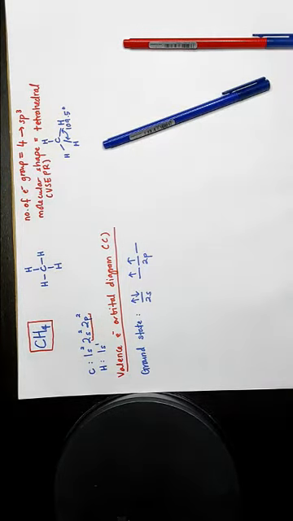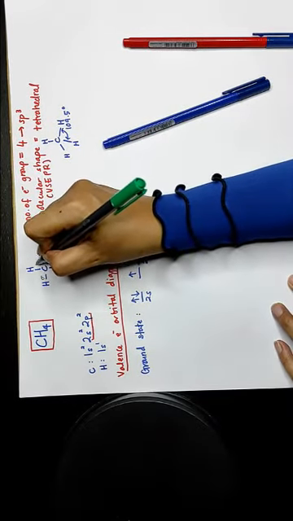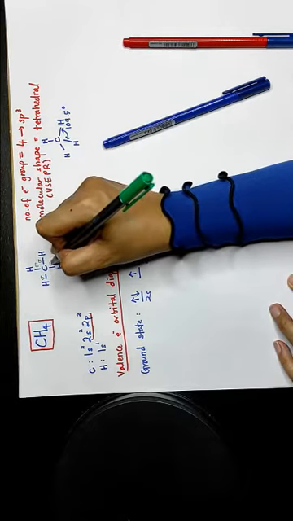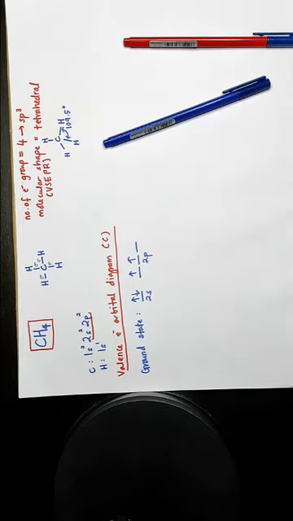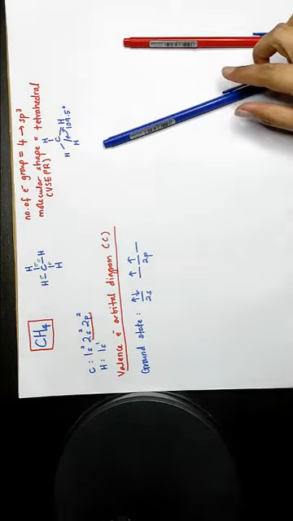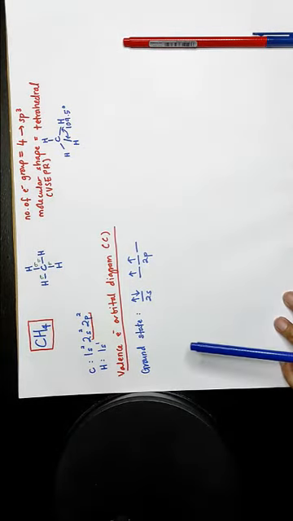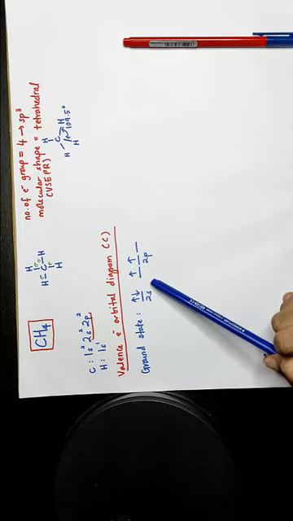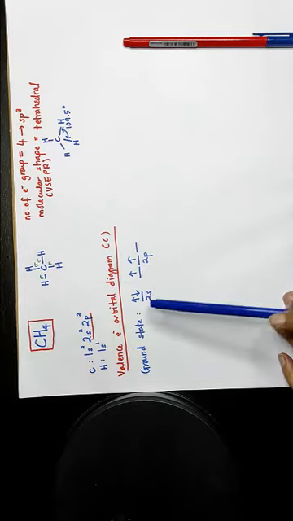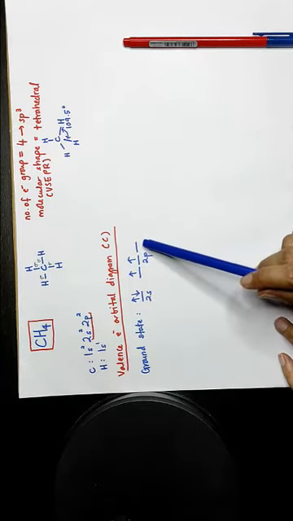Around the carbon atom, you can see there are 4 bonding pairs, which is equivalent to 4 sigma bonds. To form 4 sigma bonds, carbon needs 4 unpaired electrons, but the valence electron orbital diagram shows that only 2 unpaired electrons are present. So in order to get 4 unpaired electrons, 1 electron from the 2s orbital of carbon is promoted to the 2p orbital.